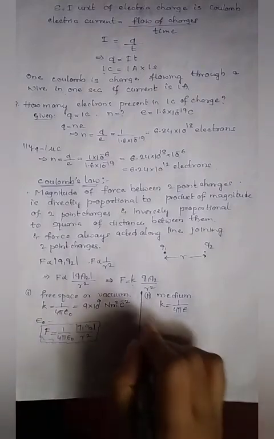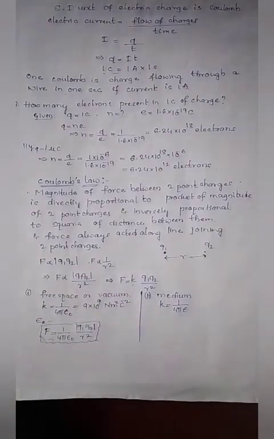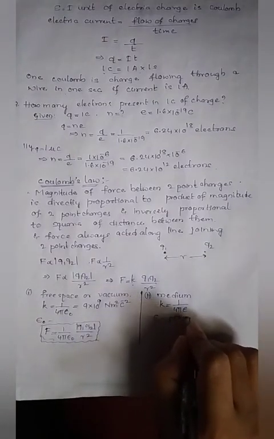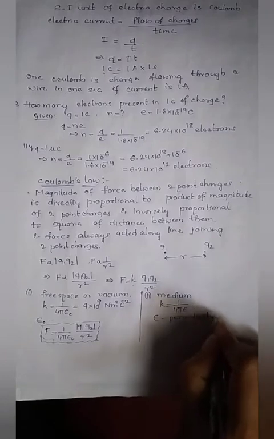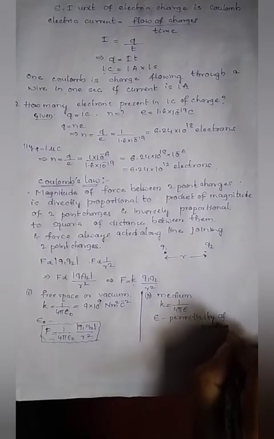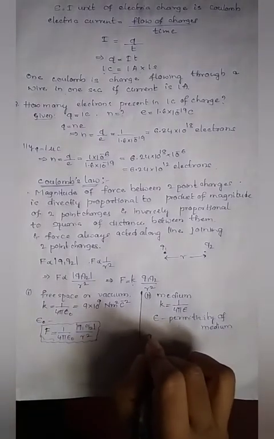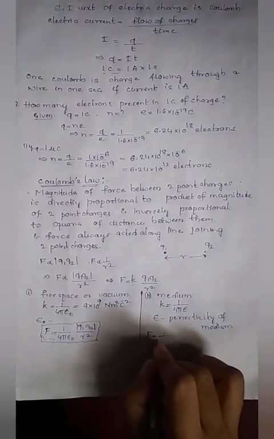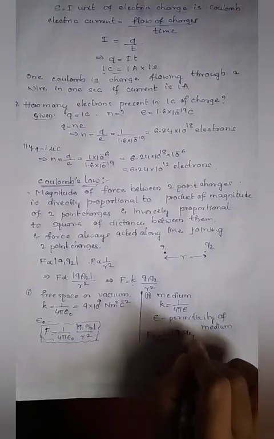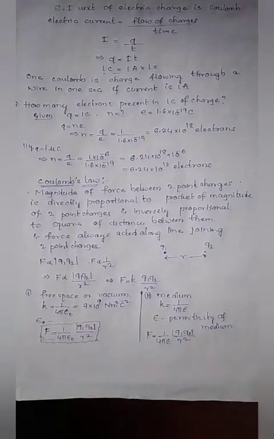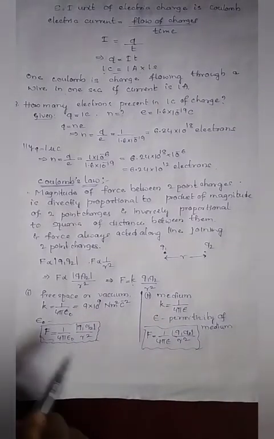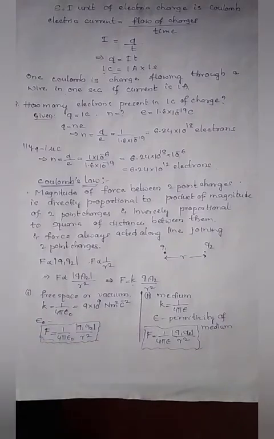Here epsilon is the permittivity of the medium. Then force can be written as F equal to 1 by 4 pi epsilon Q1 Q2 divided by r square. Here for a medium, epsilon naught is replaced by epsilon.